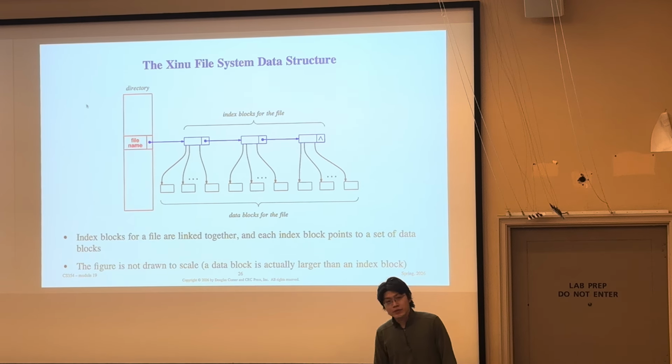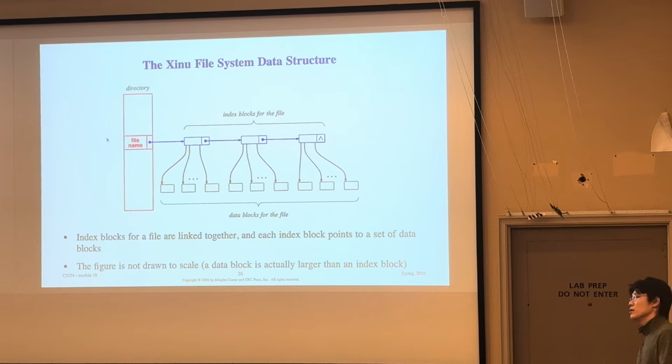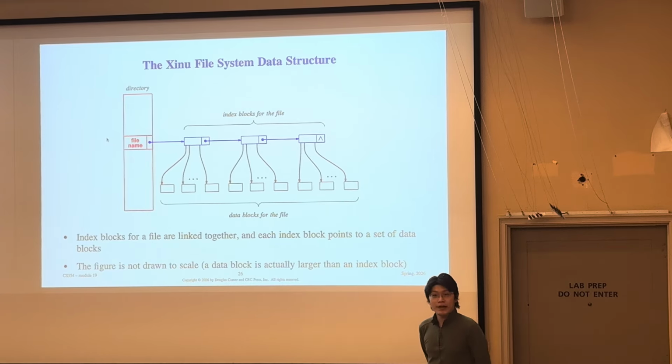Just from the structure of this diagram, what happens when Unix opens a file for the first time? How does it open this file?